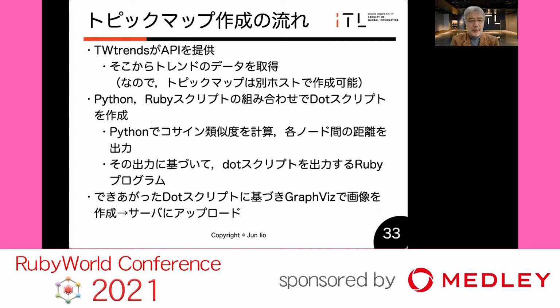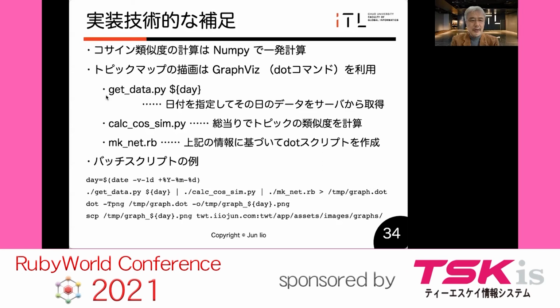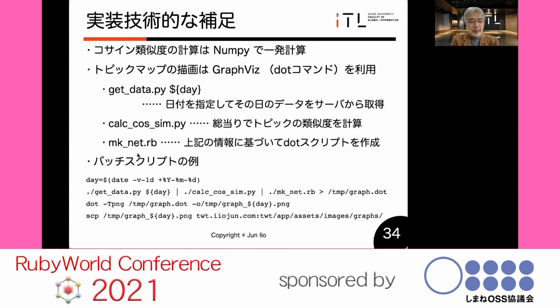So I combined a Python and a Ruby script this time as well to create a dot script. Once the dot script is done, using Graphviz, we create a graph and upload it to the server. So get_data.py, because that's a Python script, specifies the date, and then all the data can be acquired from the data server in JSON format, and then we calculate the similarity.